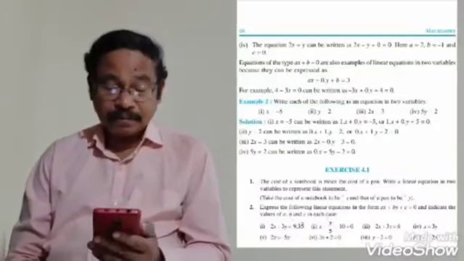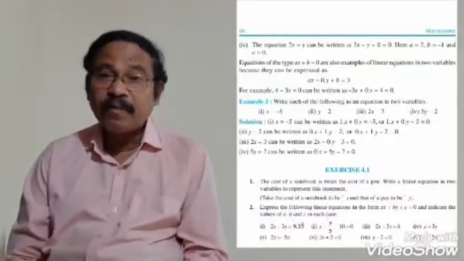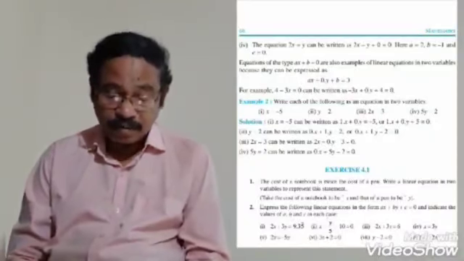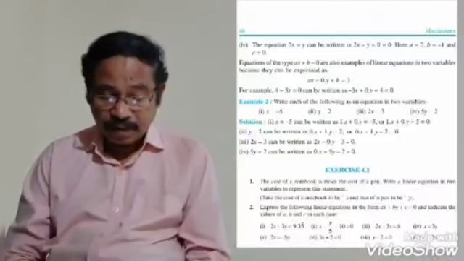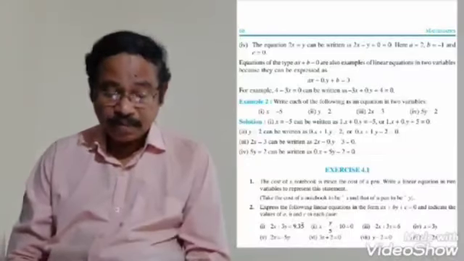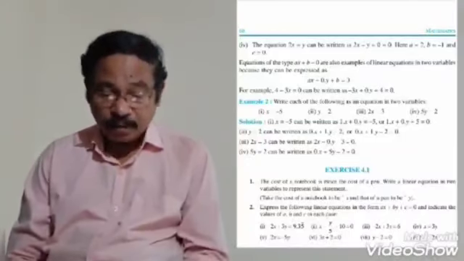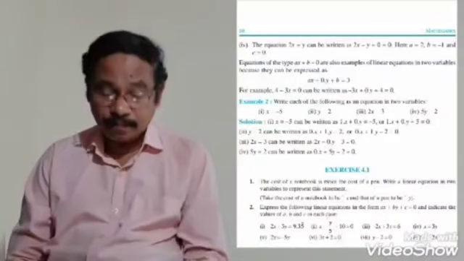Second question, express the following linear equations in the form of ax plus by plus c is equal to 0, and indicate the value of a, b, c in each case. First question, 2x plus 3y is equal to 9.3 bar 5.